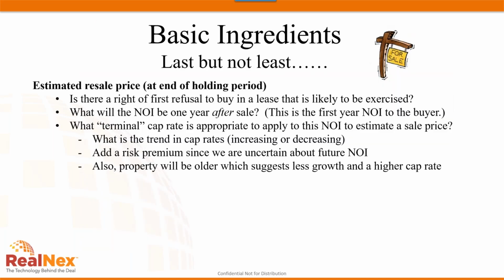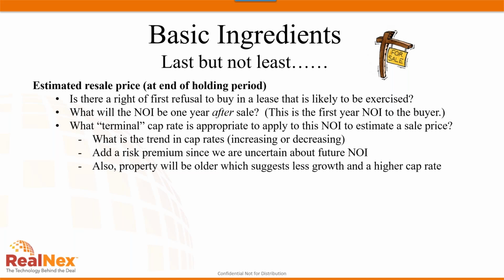Whoops, estimated sale price. So last but not least, the idea here is, like I said, we can go out maybe 10 years. Now my crystal ball is getting a little cloudy, so let's just make a reasonable estimate of what the resale price would be.